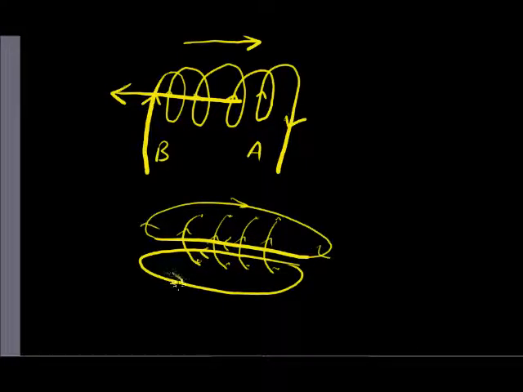We can actually see the magnetic field complete itself in a loop. So in fact, this is another characteristic of the magnetic field lines, which is that they always form a loop no matter what.